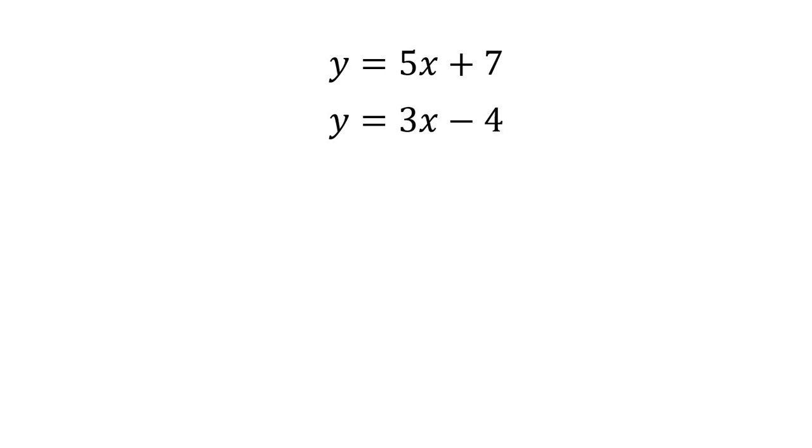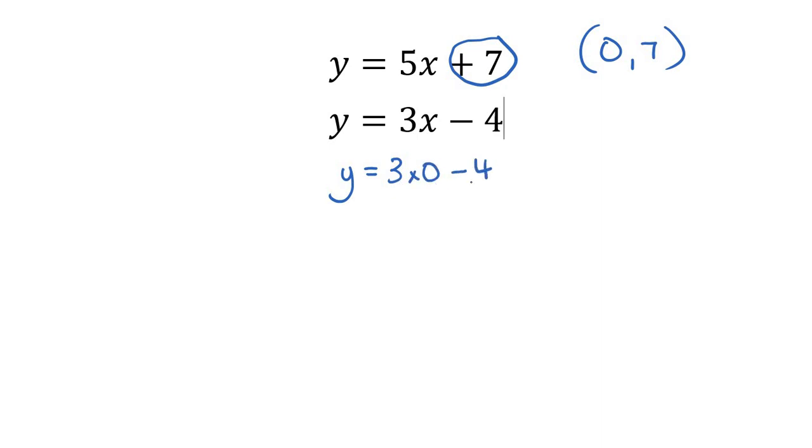Now we have another equation, and I'm asking again, what is the y-intercept? For the first one, the y-intercept was this value here, so it occurred at 0, 7. In our next equation, at first people might say that the y-intercept is at 4, but let's see what happens when we substitute x equals 0. I'm going to go y equals 3 times 0 minus 4. 3 times 0 is 0.